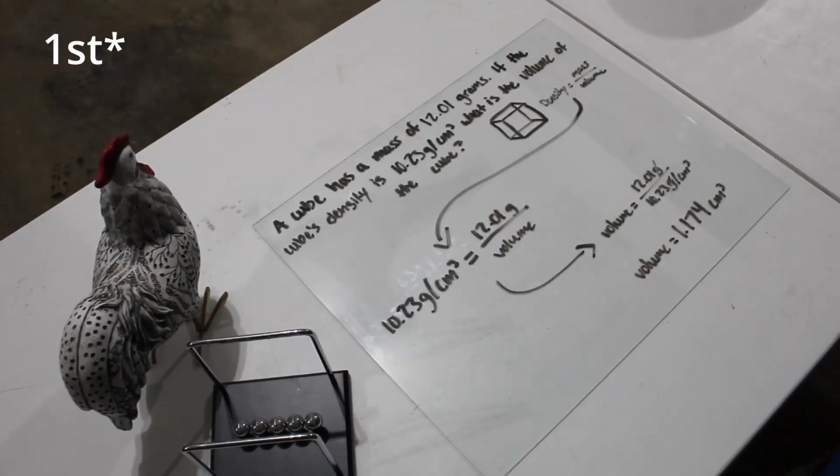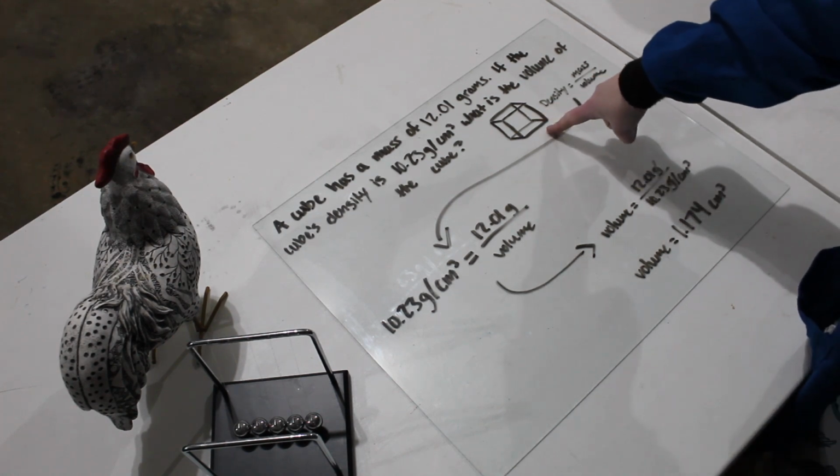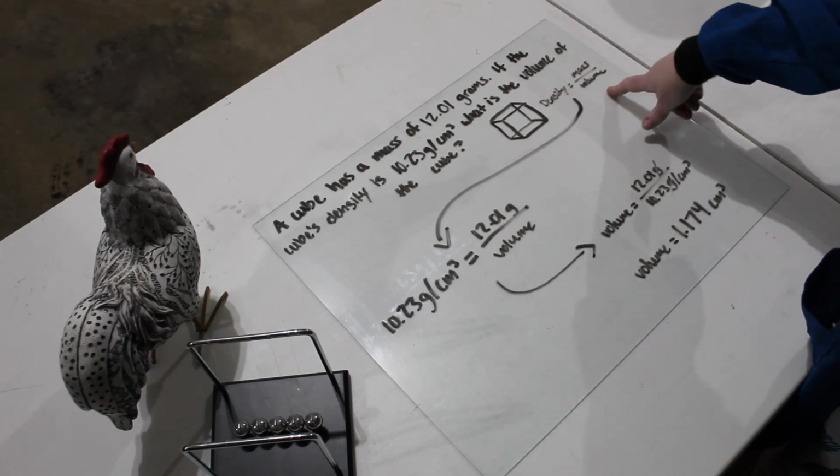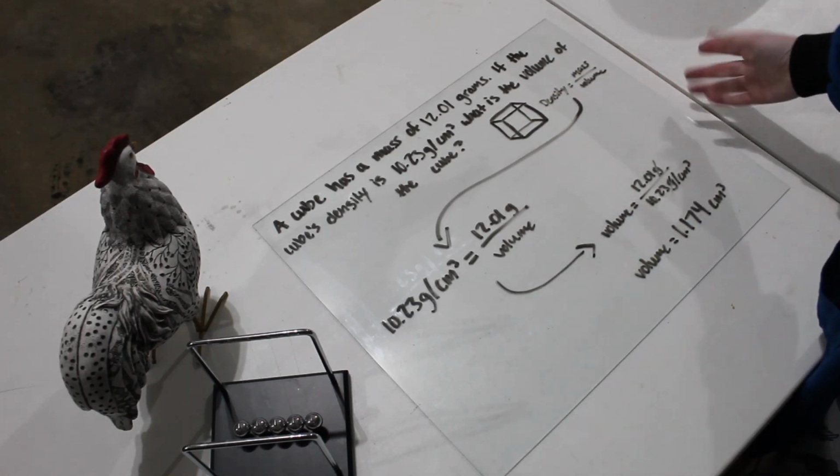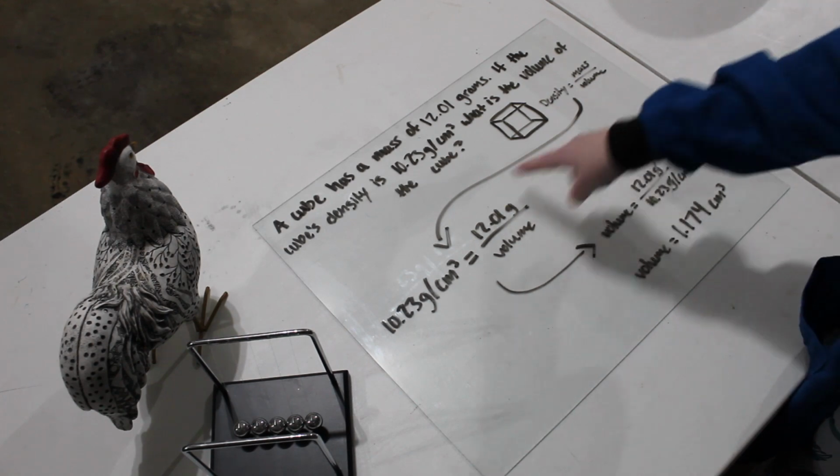Because we understand that density is mass divided by volume, let's take a look at a problem. This is our first density problem, and it says, a cube has a mass of 12.01 grams. If the cube's density is 10.23 grams per cubic centimeter, what is the volume of the cube? Here we have our very lovely drawn cube, and over here the equation for density, mass divided by volume. I plugged in our known values.